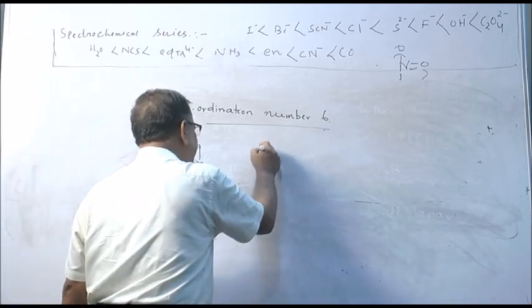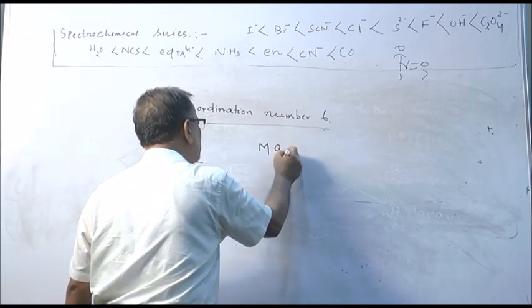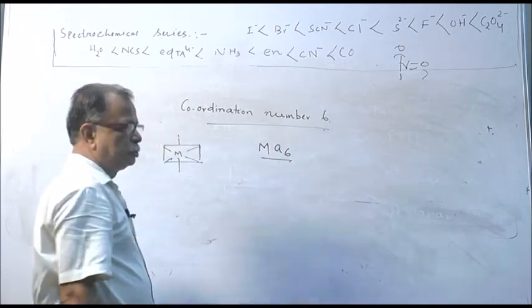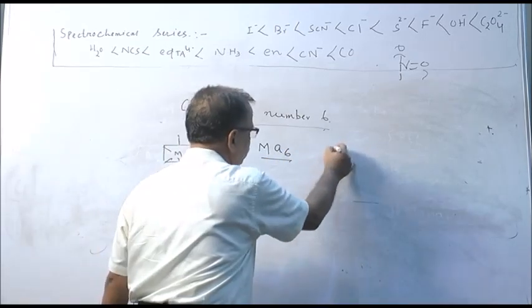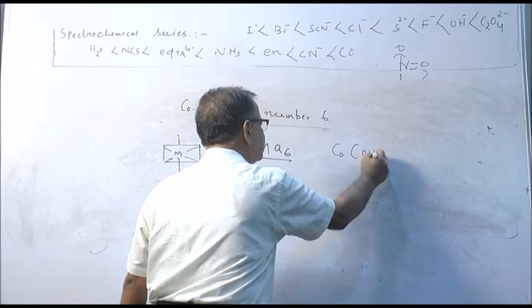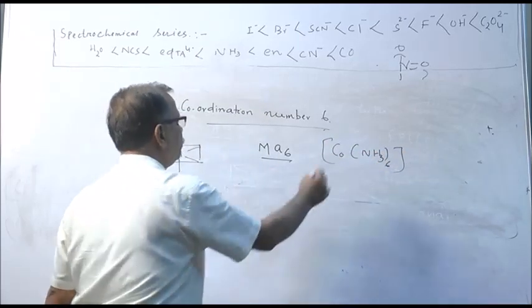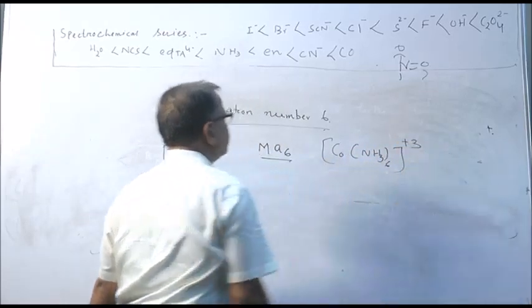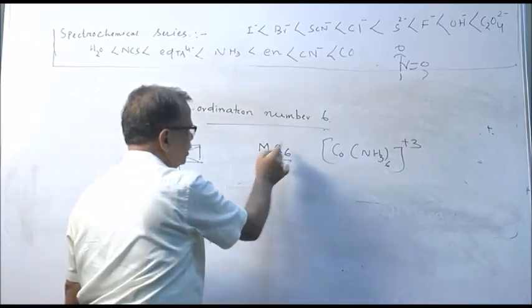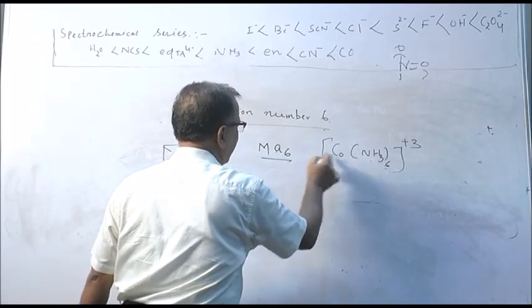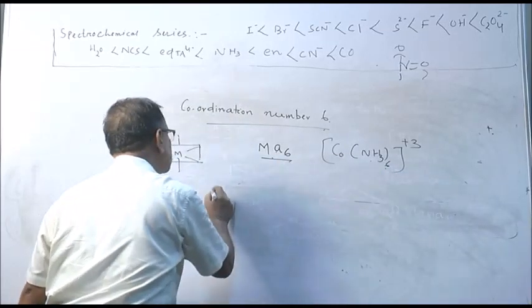Now MA6 type, whether it will give geometrical isomer or not. Example is Co(NH3)6 3+. Whether it can give geometrical isomer or not. Now A is ligand, so NH3, 6 ligands are there, MA6 type, we only get one structure.